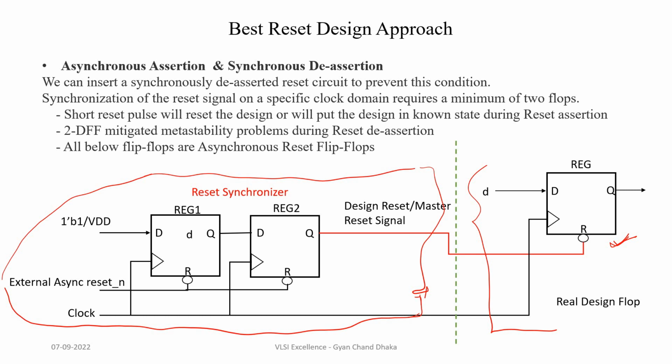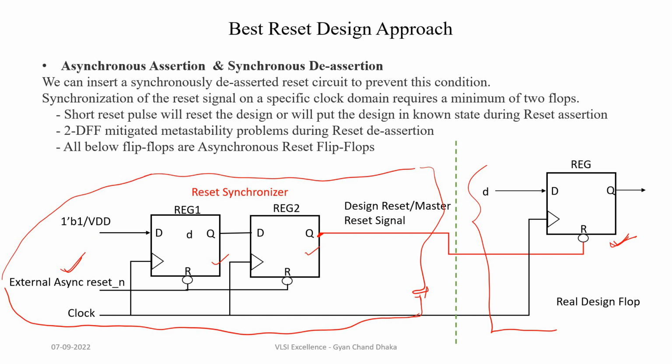how it is used to eliminate the reset deassertion metastability problem. So if you see here, these two flip-flops are basically getting the external asynchronous reset, and the output of flip-flop 2 is basically going to our design flip-flop reset signal. So here, when the reset is asserted, this flip-flop as well as this flip-flop will get reset, and eventually all the flip-flops in the design will also get reset, because they are getting the reset signal as the output of register 2, which will also get reset on asynchronous reset assertion.